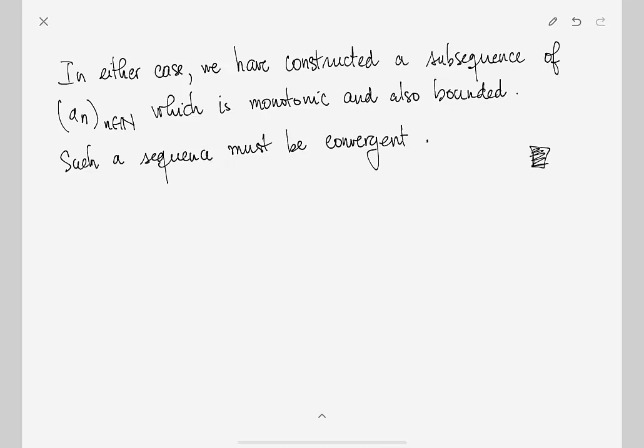So again, the big picture here is that if you're provided a bounded sequence, you can always find a subsequence of that parent sequence which is monotonic, meaning that it's either non-increasing or non-decreasing. And the fact that we also have boundedness allows us to say that such a sequence has to be convergent.